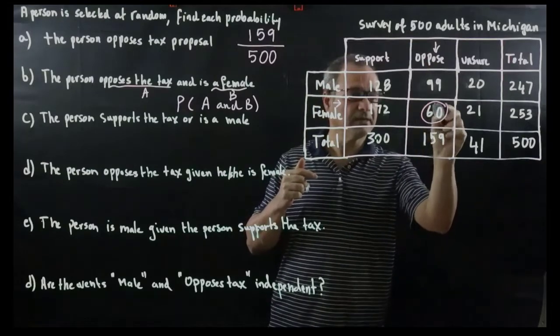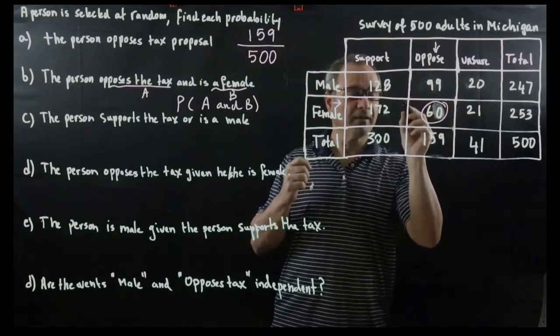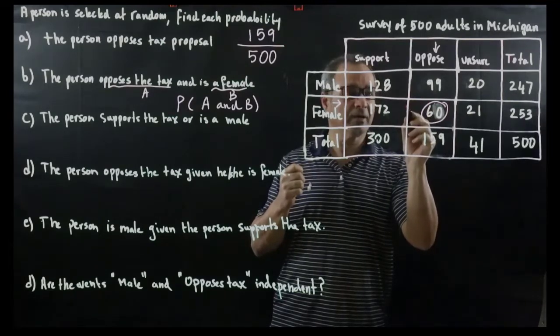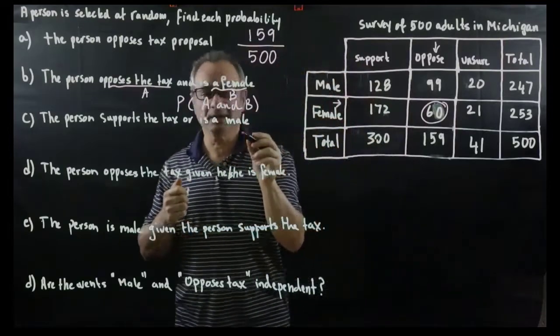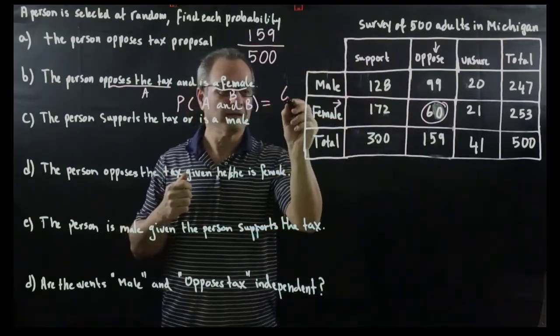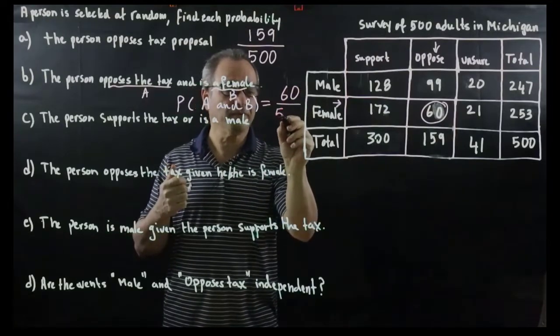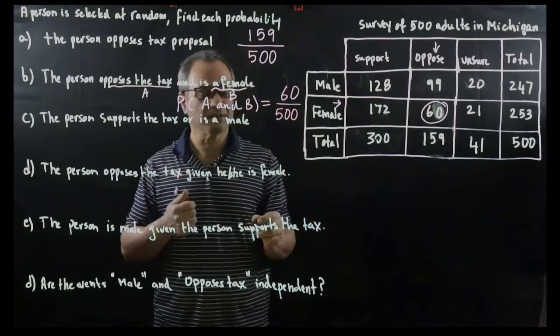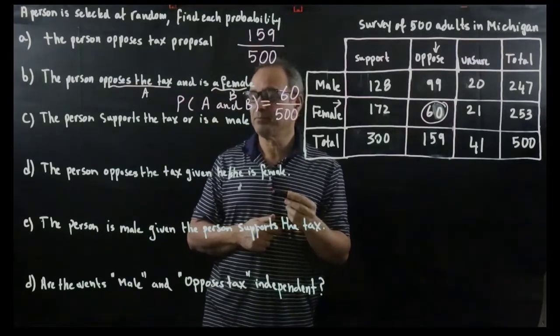Right here. So these are the number of people that make the favorable outcomes, that oppose the tax law and are female. So it's 60 out of the, we're selecting one person at random out of the 500, so it's always a 500. So it's 60 over 500 or 6 over 50.